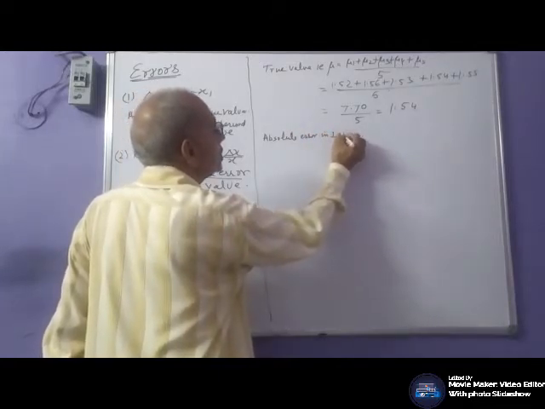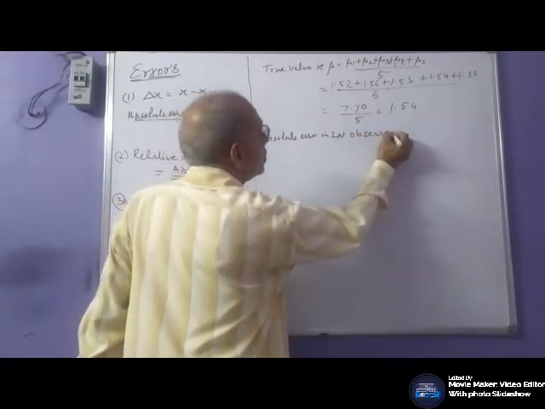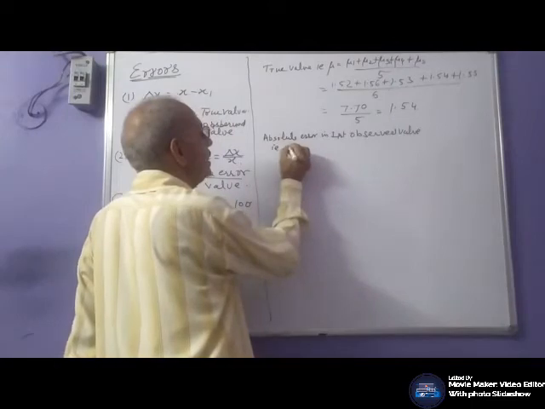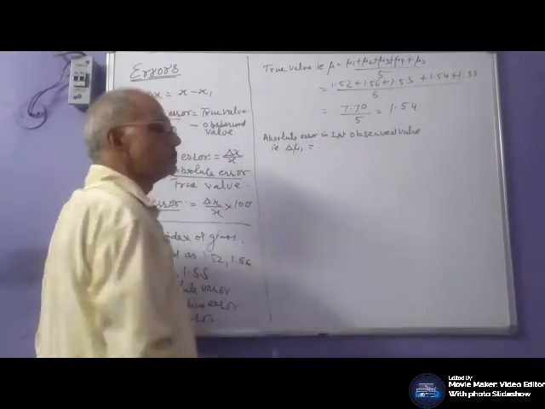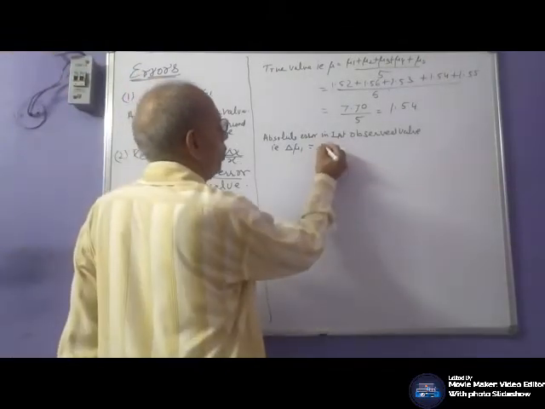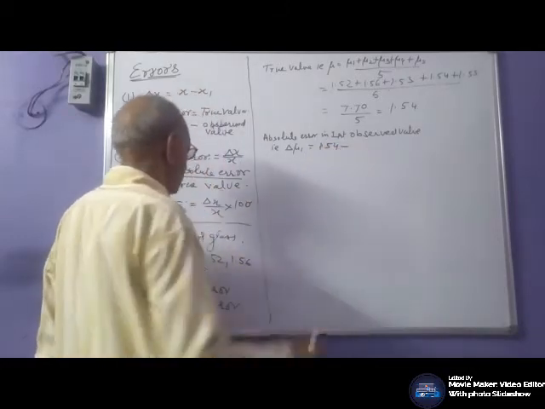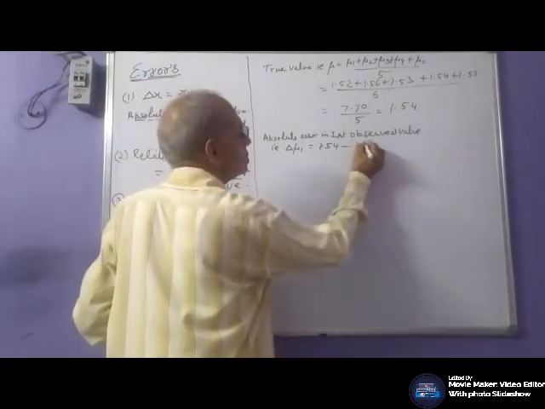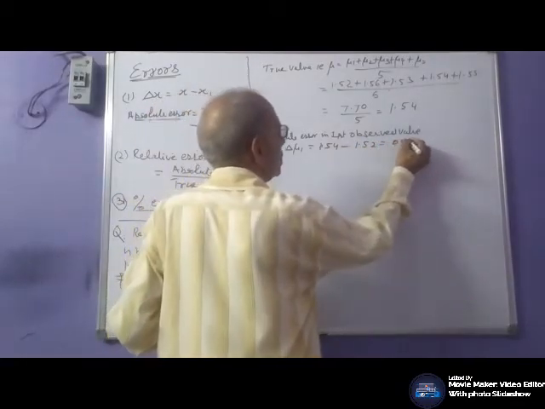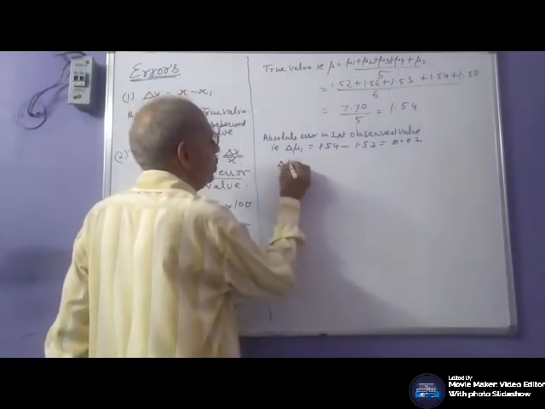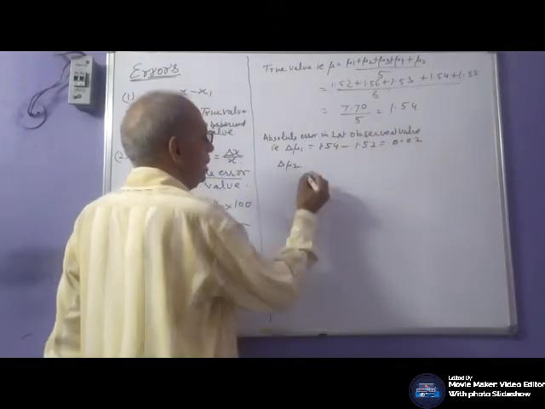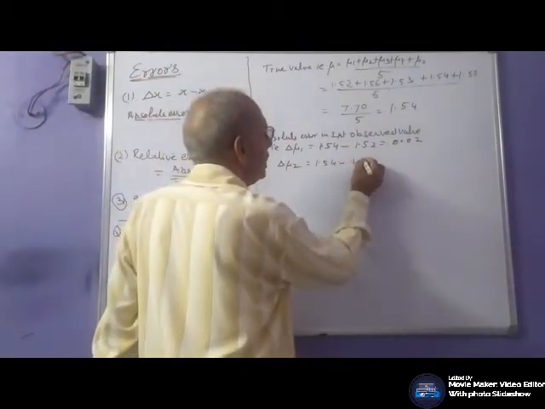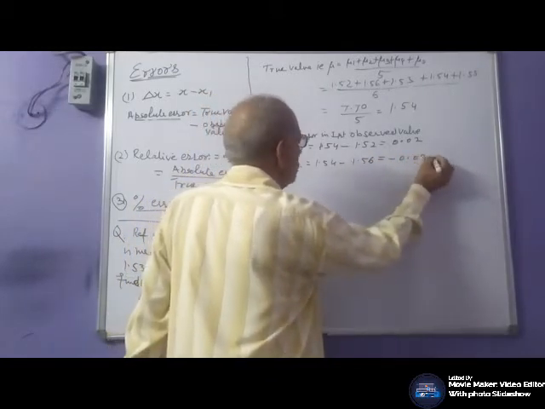In first observed value, that is delta mu 1, true value minus first observed value. Delta mu 2 means absolute error in second observed value, 1.54, 1.56 minus 0.02.